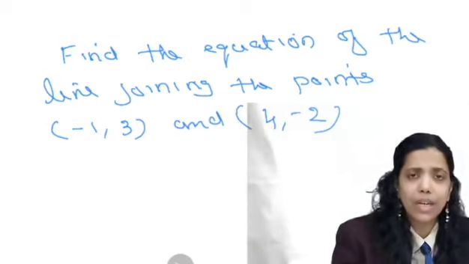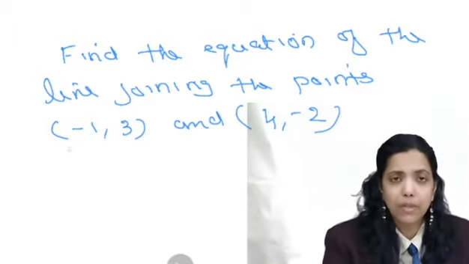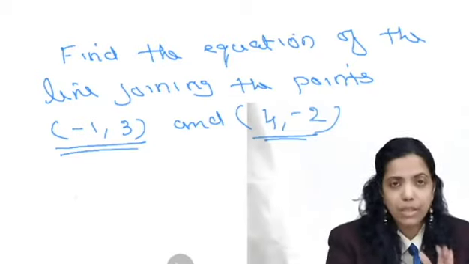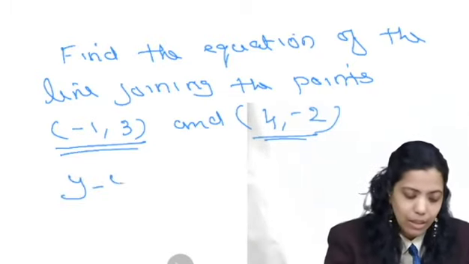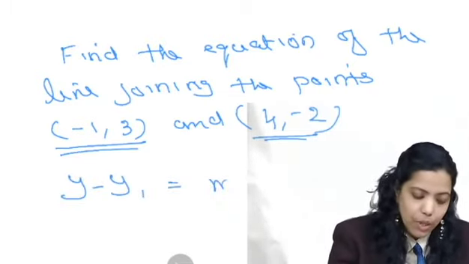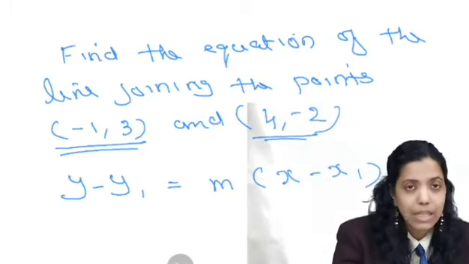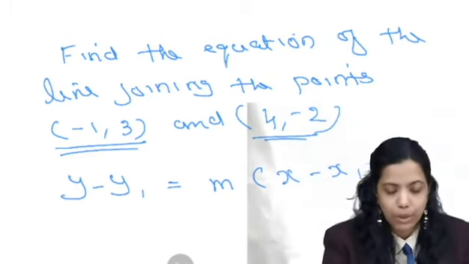Here also we can remember that formula in terms of the point slope form itself. Since the 2 points are given, of course it is related with the 2-point form. y minus y1 equals, we know that it is m times x minus x1. That is how easily we can remember that formula, the point slope form.